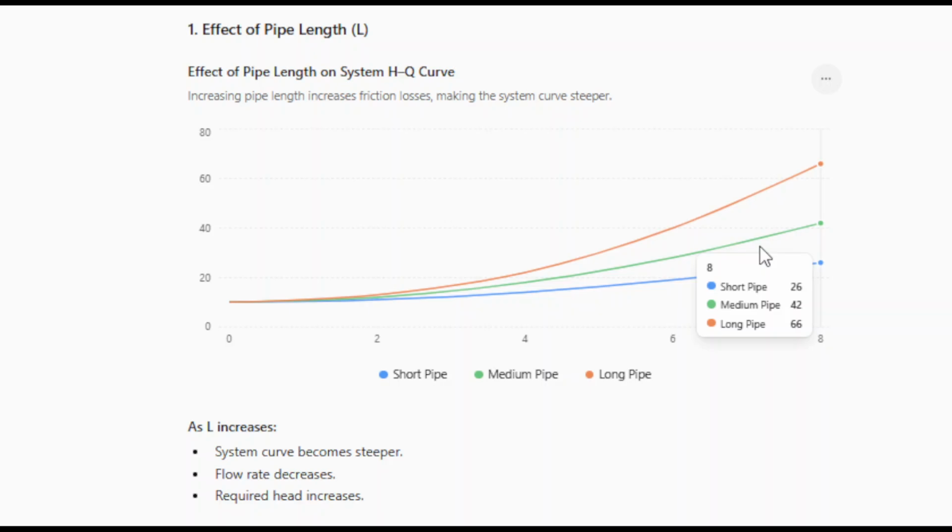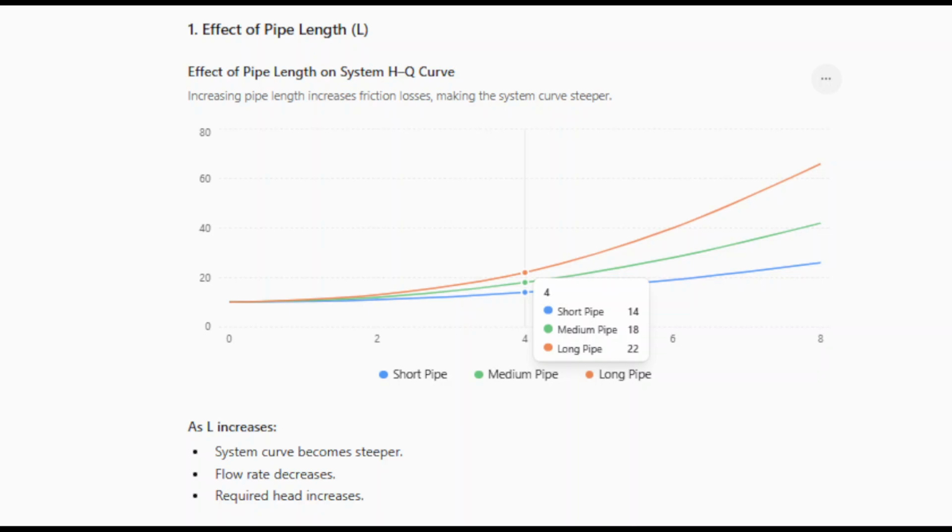For example, if we compare all three curves at the same flow rate, the required head is lowest for the short pipe, higher for the medium pipe, and highest for the long pipe. Therefore, we can conclude that increasing the pipe length increases the friction losses, which makes the system HQ curve steeper. In simple terms, a longer pipe requires more head to deliver the same flow rate.